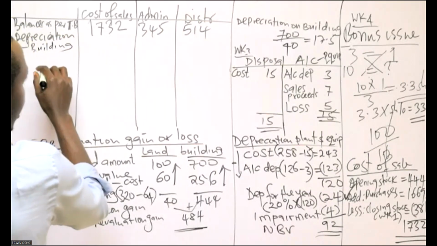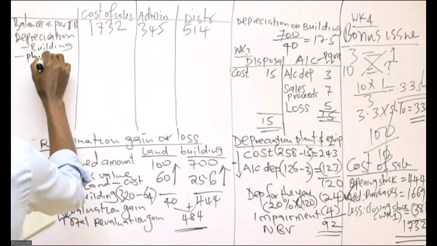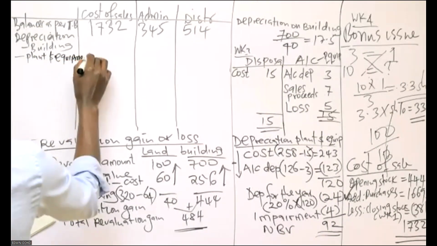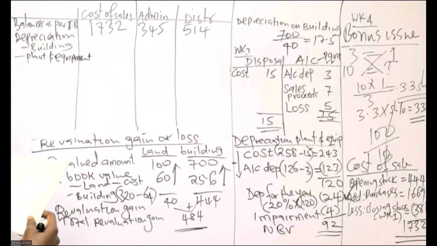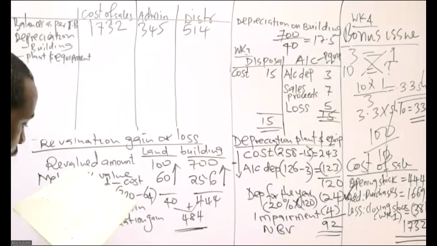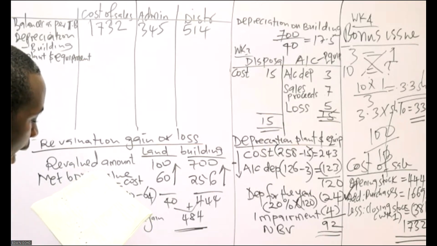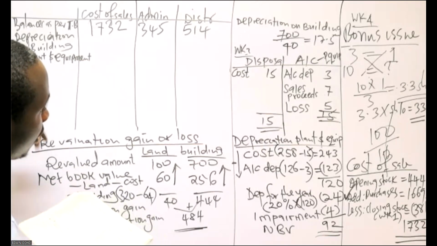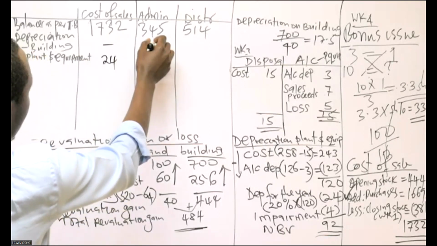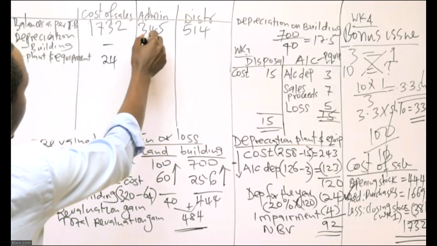There's that of plant and equipment. And they were very specific in note 5, the paragraph which is down there, that depreciation on plant and equipment goes to cost of sales. Then the other one goes to admin. So the one for plant and equipment was 24. And this one is 17.5.